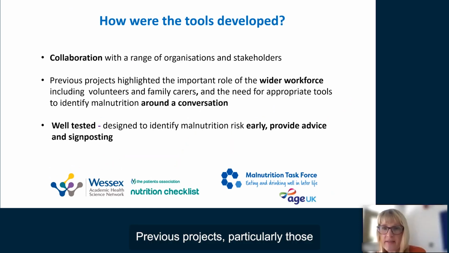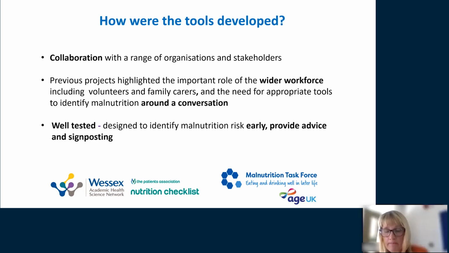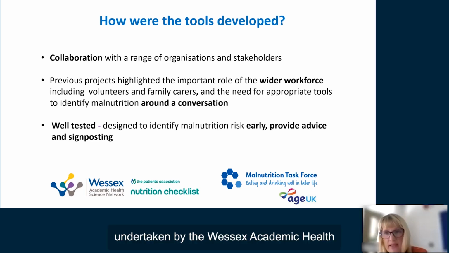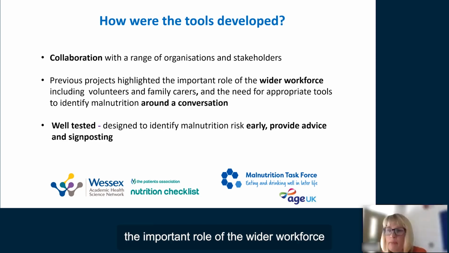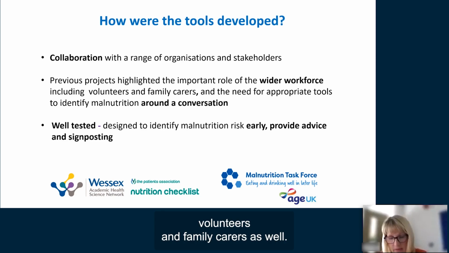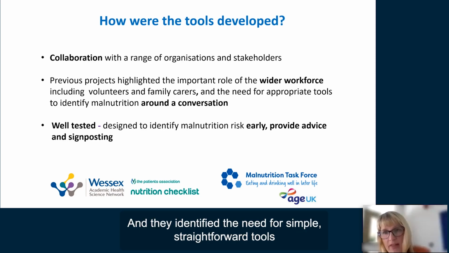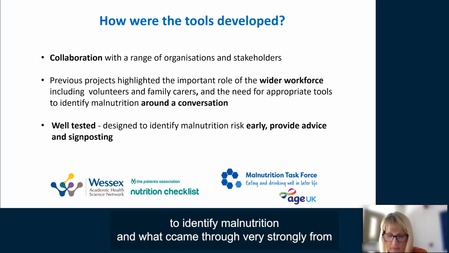Previous projects, particularly those undertaken by the Wessex Academic Health Science Network, identified the important role of the wider workforce, volunteers and family carers as well, and they identified the need for simple, straightforward tools to identify malnutrition.